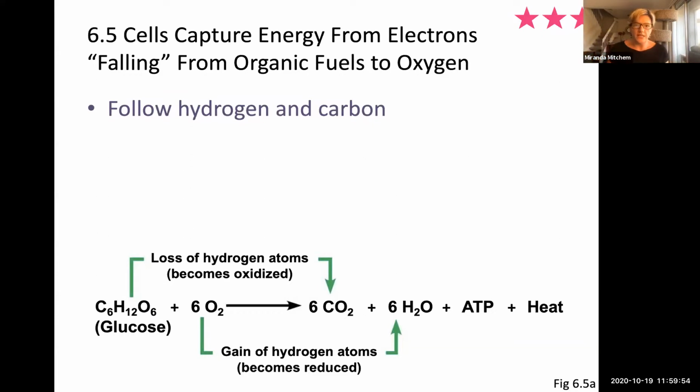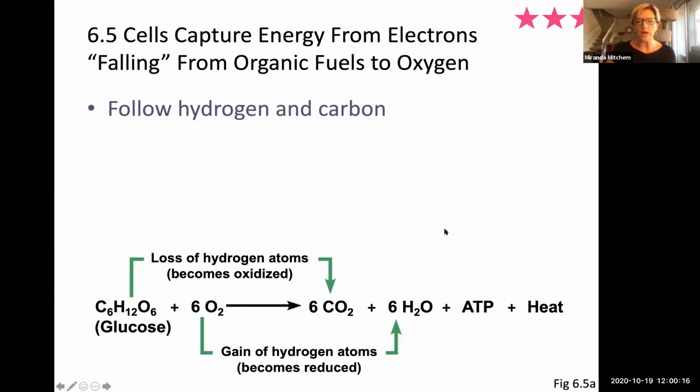So when I teach cellular respiration and oxidation reduction reactions, I find it helpful, again, to follow the carbons so that you can balance your equations and properly monitor your reactants and products. But also, we're going to follow those hydrogens. And we can't quite do that yet.